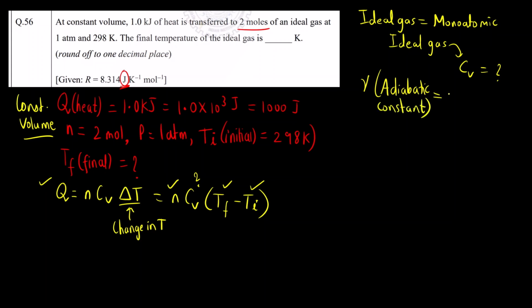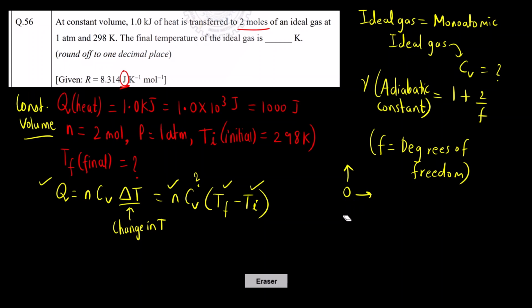What is the formula for that? Gamma is 1 plus 2 by F. What is F? F is the degrees of freedom. For a monoatomic ideal gas, how many degrees of freedom are there? This monoatomic ideal gas can move in three different directions, either in X direction, Y direction, or Z direction.